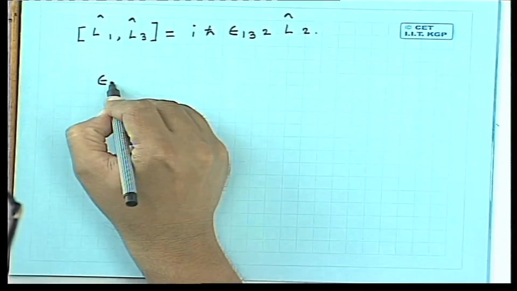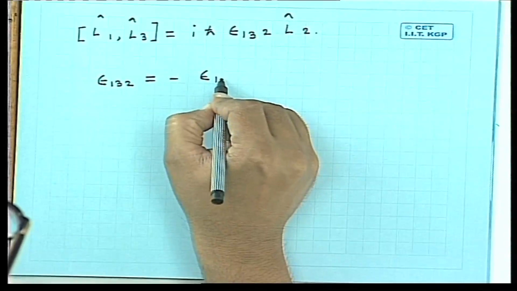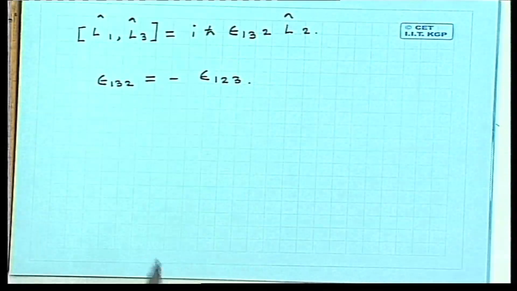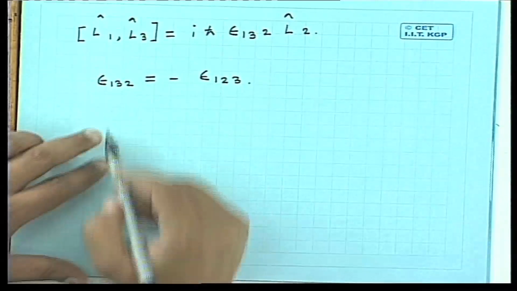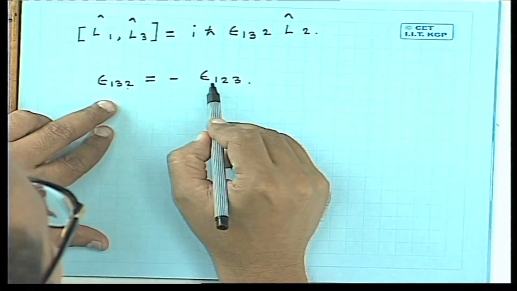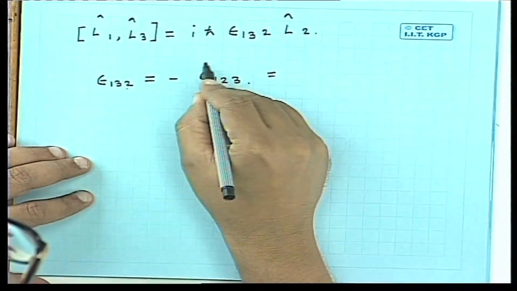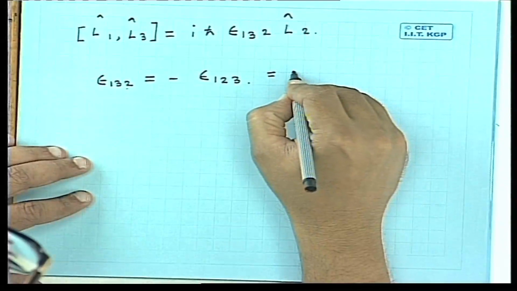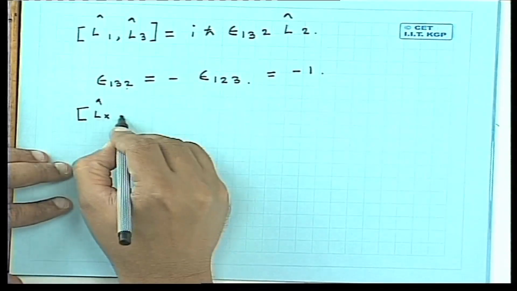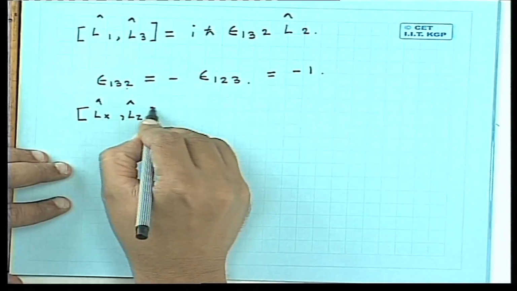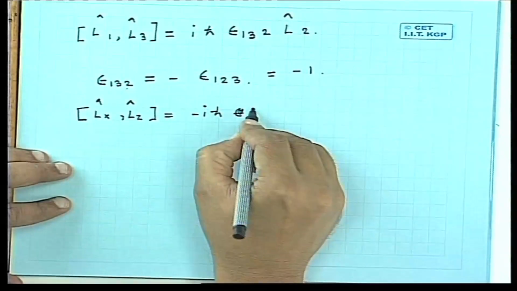Epsilon 132 is equal to minus epsilon 1 2 3, because it is antisymmetric with respect to interchange of any two neighboring indices. So if I interchange 3 and 2, I get epsilon 1 2 3 with a minus sign, and this we know is equal to 1. Epsilon 1 2 3 is 1, so this is equal to minus 1. So we find that the commutator of Lx and Lz is equal to minus i h cross Ly.